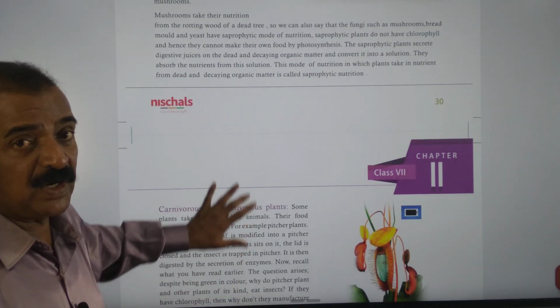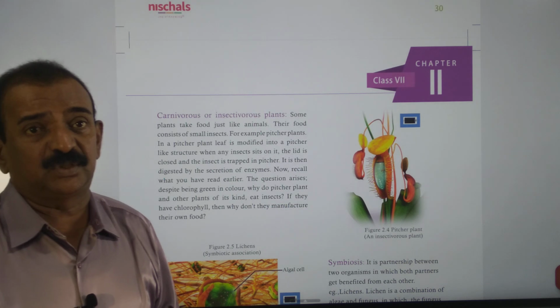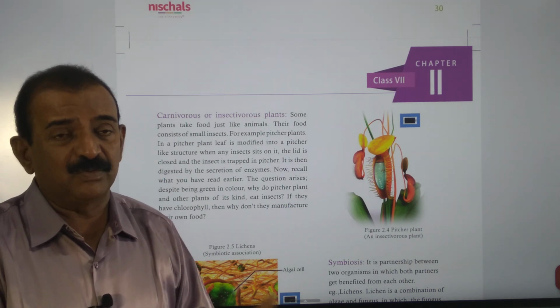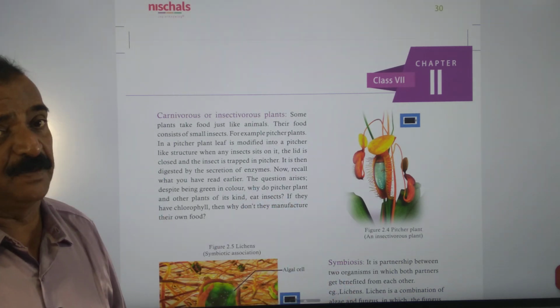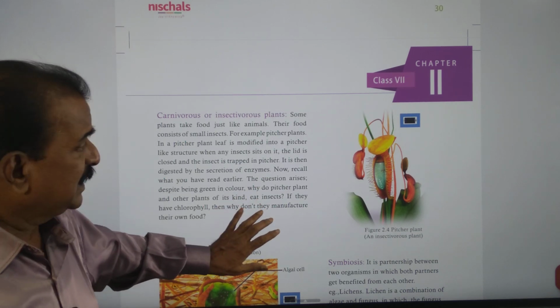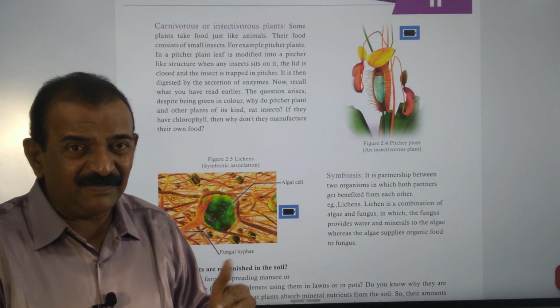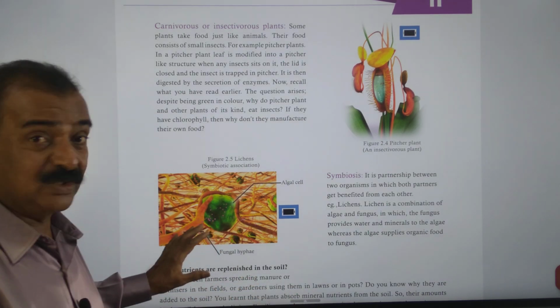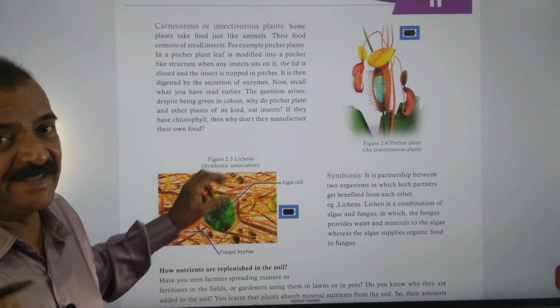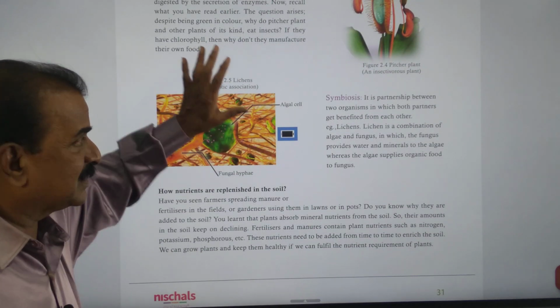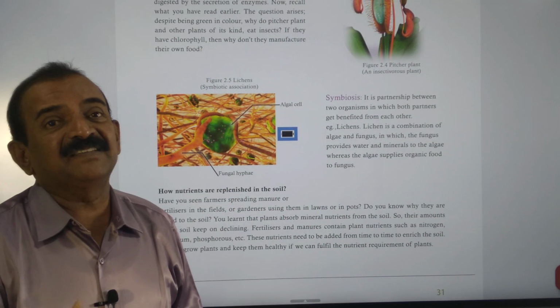And we also discussed carnivorous and insectivorous nutrition, which is performed by the pitcher plant, called Nepenthes. They grow in nitrogen deficient soils, and they trap and kill the insects, and they get the nitrogen. And lastly we discussed symbiotic nutrition.